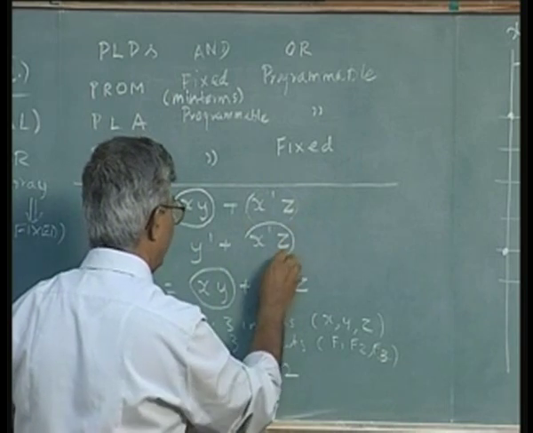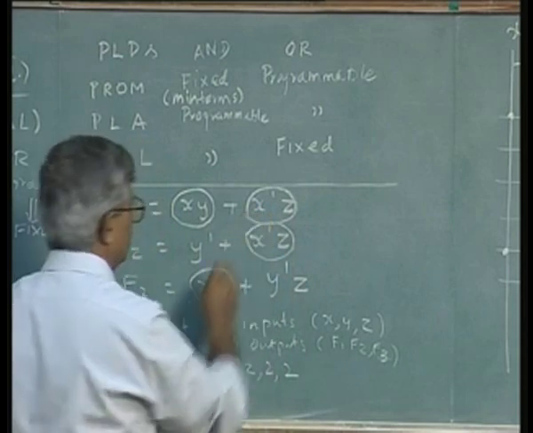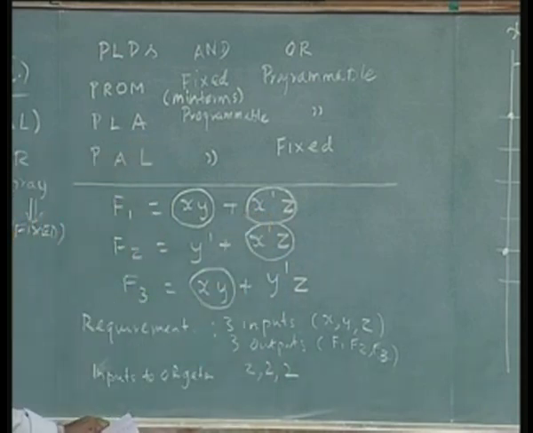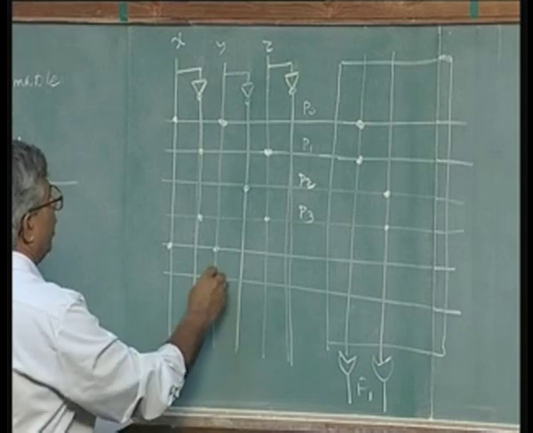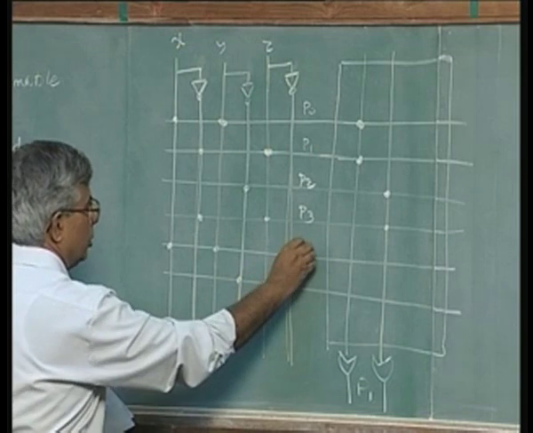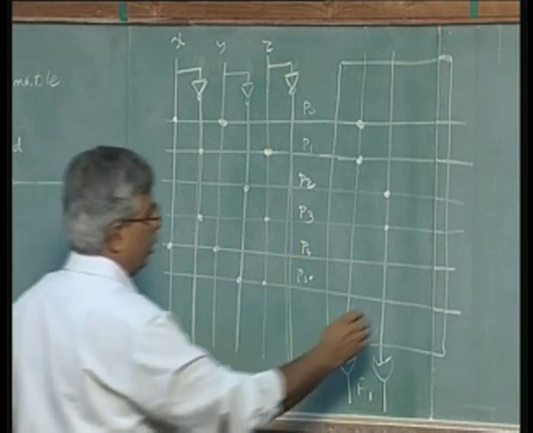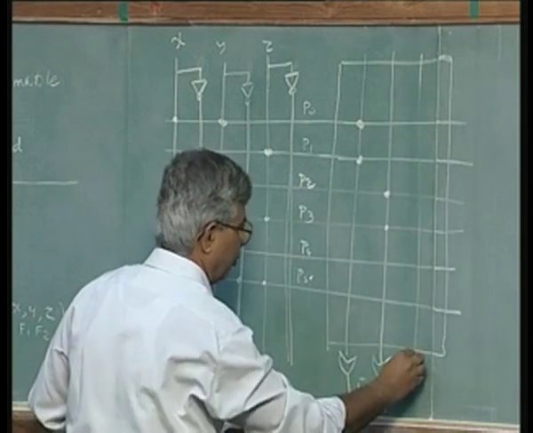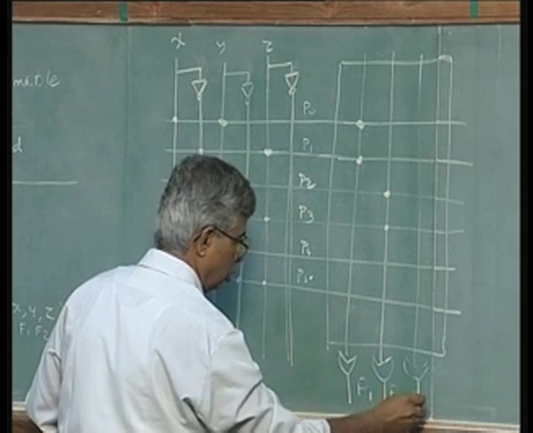We had to generate it again for F2. See? That is what it is. This is xy and y bar z, P4 and P5, and that will be the inputs to my third OR gate, or third function F2. This is F2.